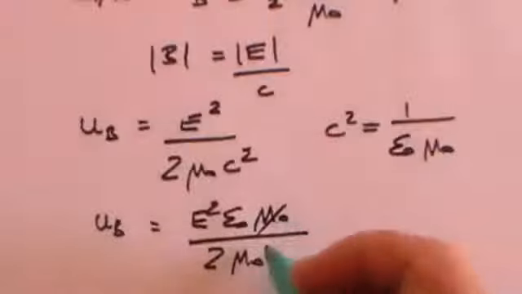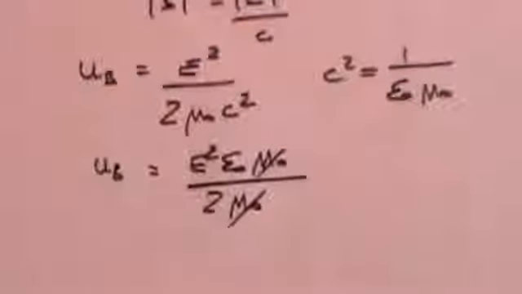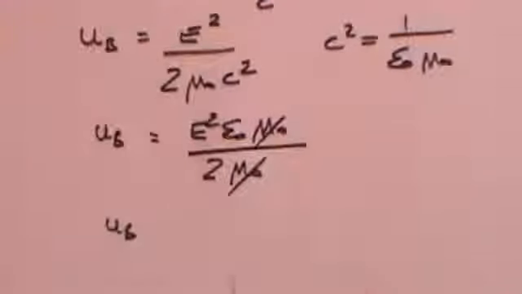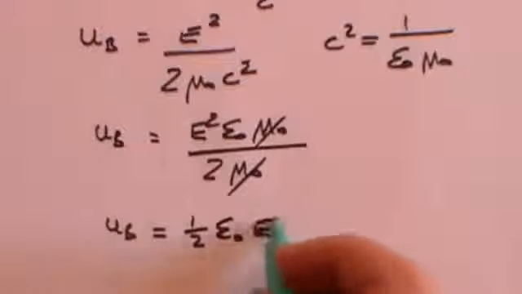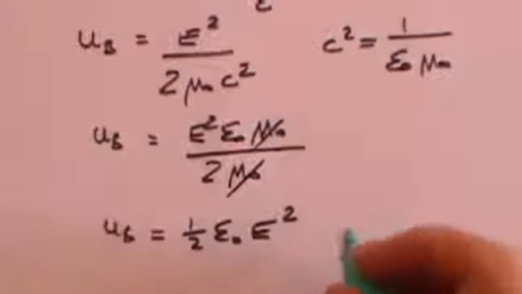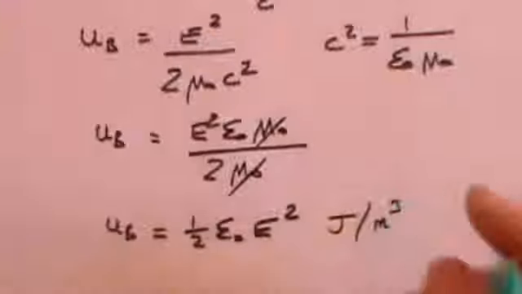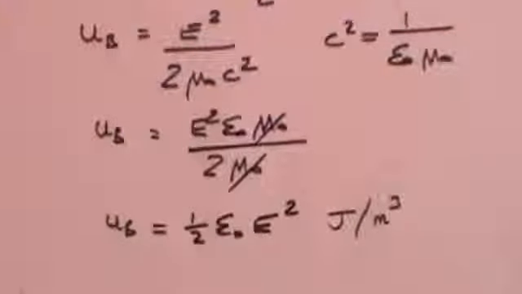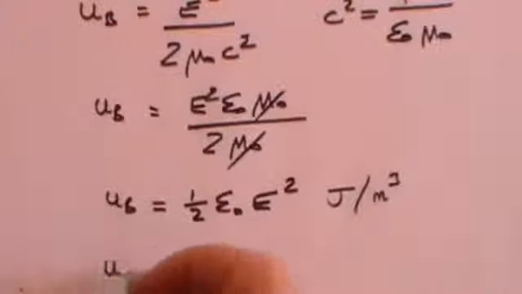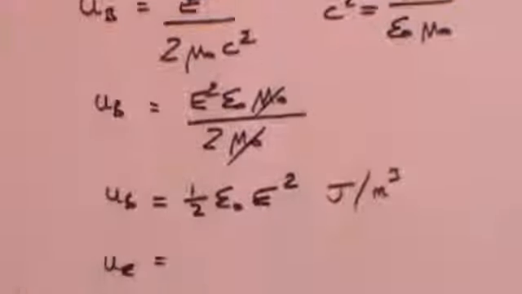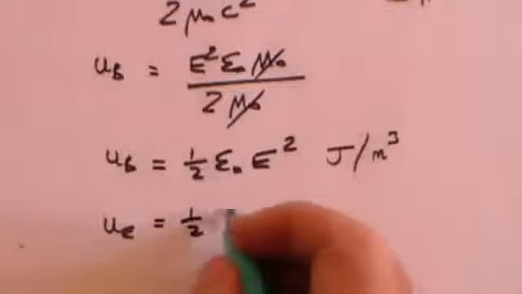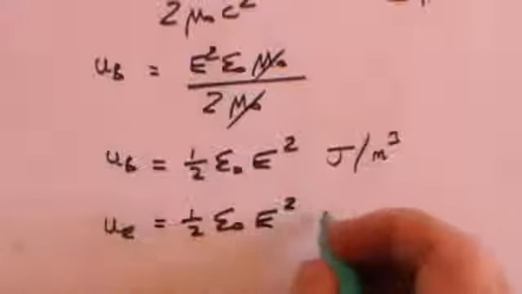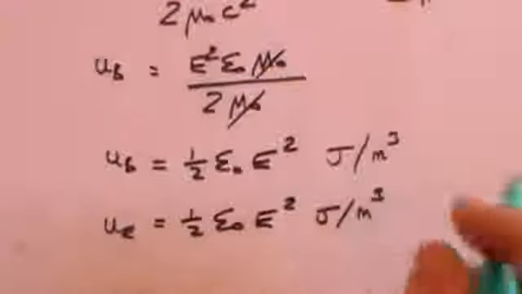And of course the mu naughts now are going to cancel, and now we get that the energy stored per unit volume in the magnetic field is 1/2 epsilon naught E squared joules per metre cubed. And that is exactly the same as what we just established a few minutes ago for the energy per unit volume in the electric field. That was also 1/2 epsilon naught E squared joules per metre cubed.